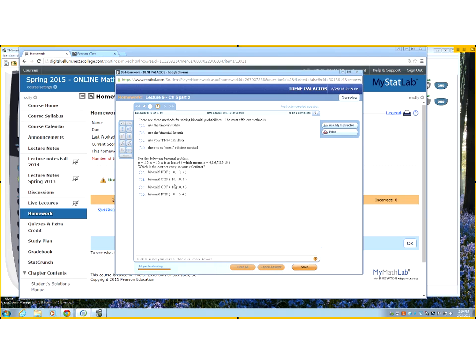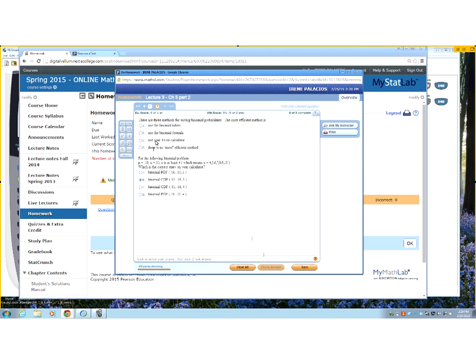Yes, because you go 1 lower, so it is B. It's the binomial CDF. That's the only one that would make sense. We wouldn't use the PDF. We wouldn't put a 4 in there because it's the at least situation. So B would be the only one that would work.